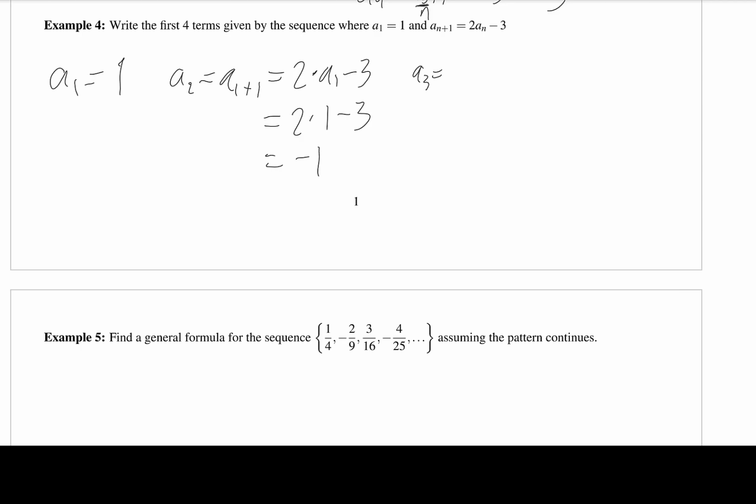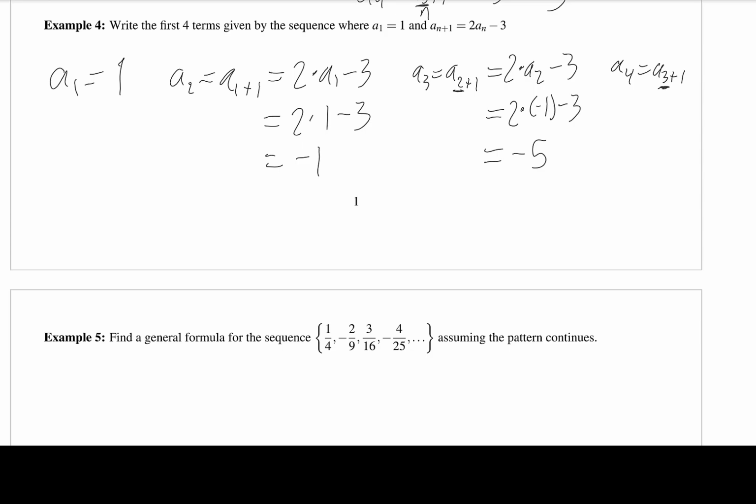Then a sub 3, that's the same thing as a sub 2 plus 1, so our n value is 2. So we'll get 2 times a sub 2 minus 3. So that'll be 2 times negative 1 minus 3, which gives me negative 5. And then finally, a sub 4, that'll give me a sub 3 plus 1.